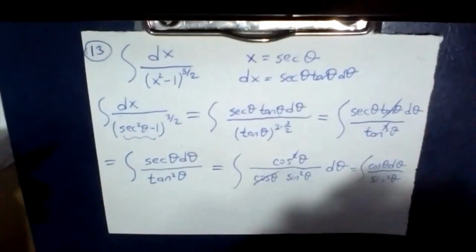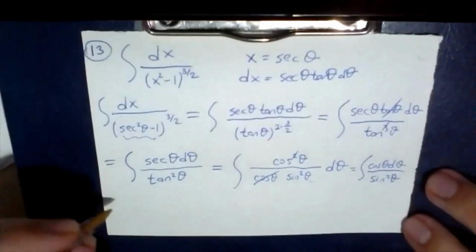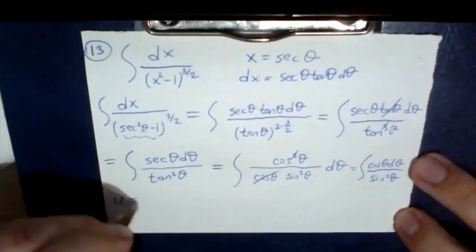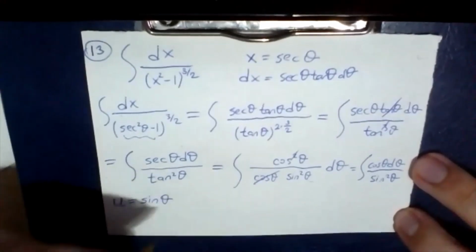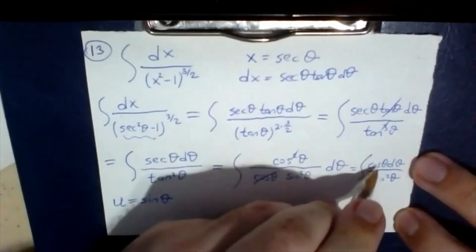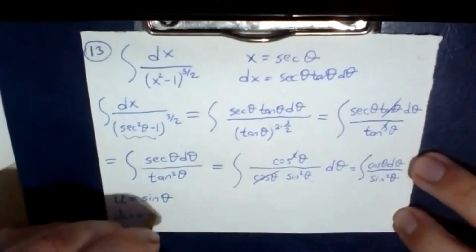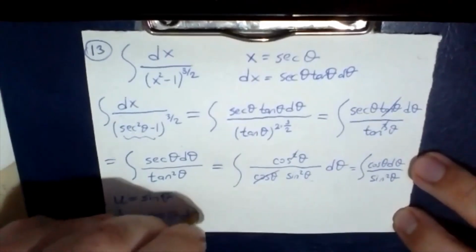So this will become a trigonometric integral. We can make a substitution: u is equal to sine theta. Then we can check whether du is in the integrand or not. du is equal to cosine theta d theta.